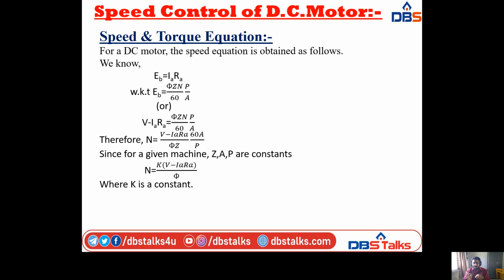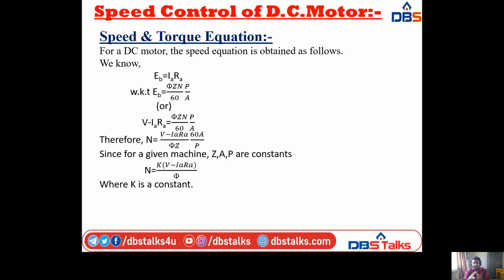Here Z is the total number of conductors, A is the number of parallel paths, and P is the number of poles.